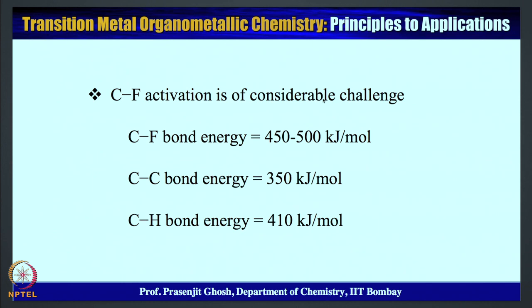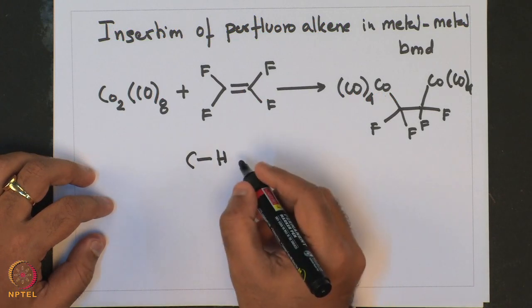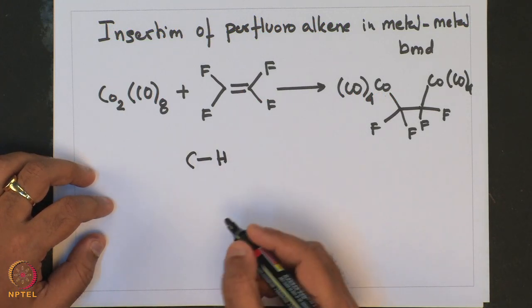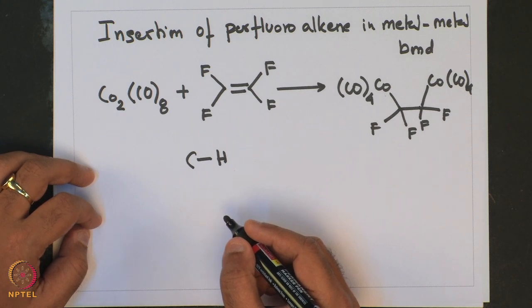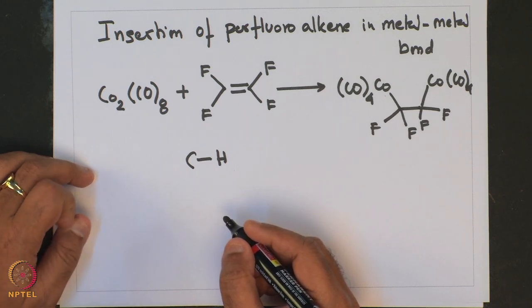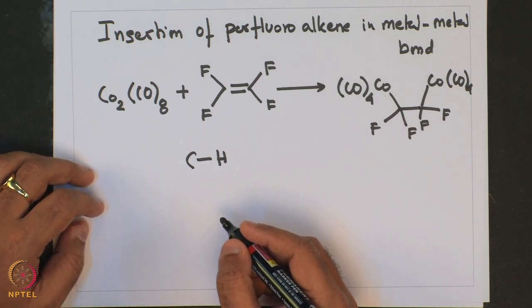Now, we had looked at various kinds of activation reactions, particularly from the utility point of view. We started with CH activation and saw that CH activation was an important reaction leading to various functionalization products which would produce value added chemicals from simple hydrocarbons.